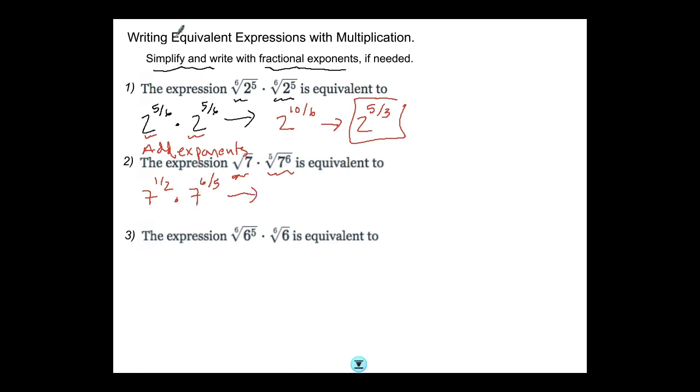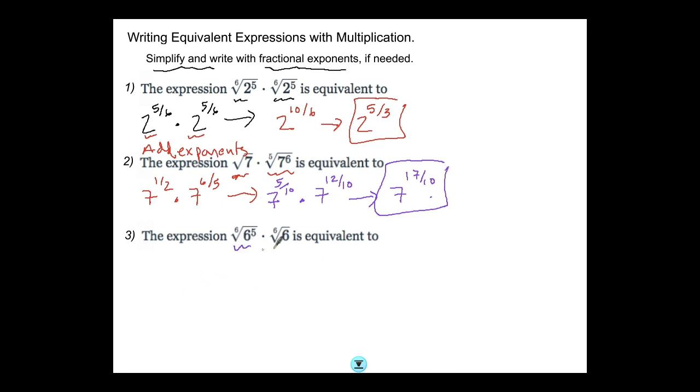Now, this is a great example to look at. Well, what happens? How do we add fractions? Same rules apply. We have to create a common denominator. So let's use 10. I think 10 is a great common denominator here. So this is going to be 5/10, and this next one is going to be 12/10. Now this is going to give me 17/10, which is it. That's simplified.